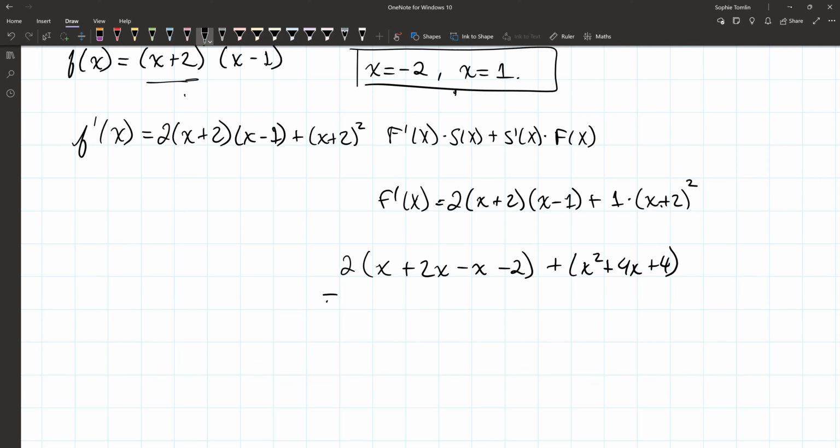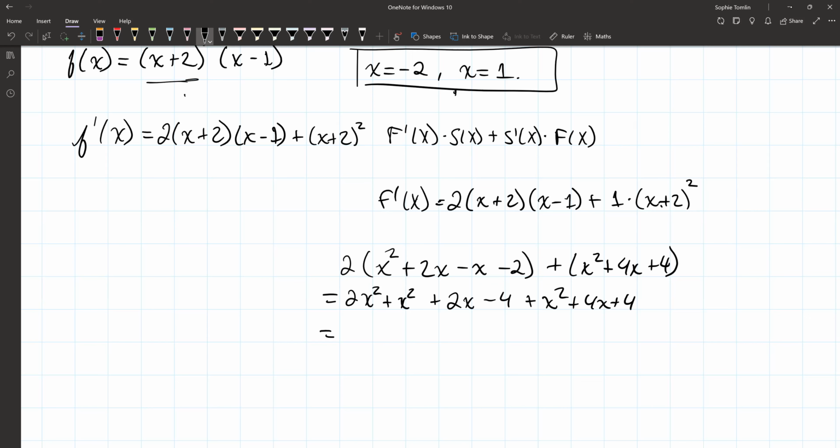Then we collect our like terms. We'll get a 2x squared plus x squared, plus 4x minus 2x is just going to be 2x, then minus 4, plus x squared plus 4x plus 4.